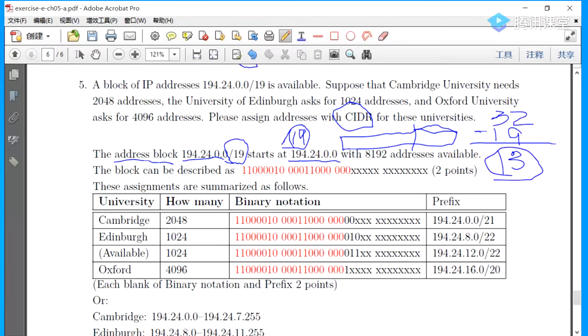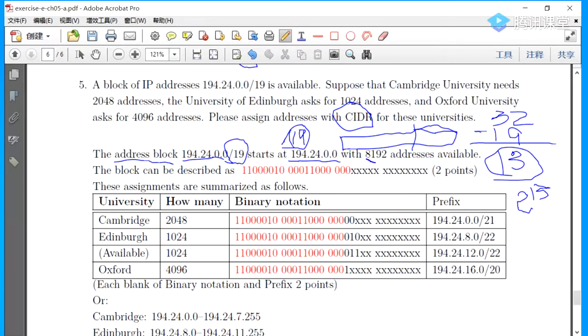So, since the length of the host portion is 13, the number of IP addresses of this block is 2 to the 13th power, right?